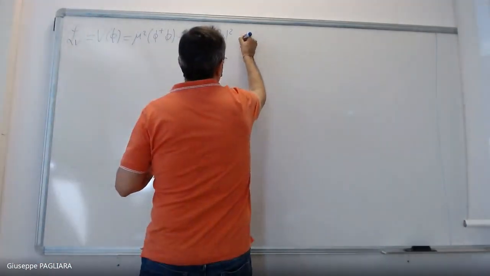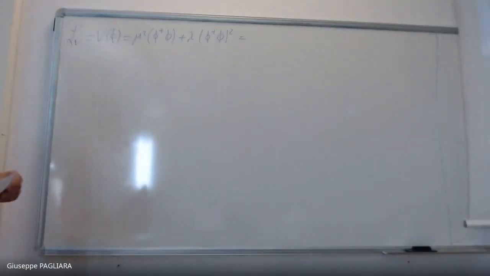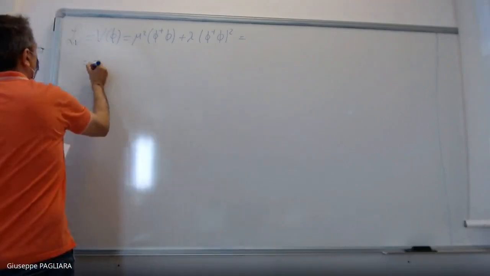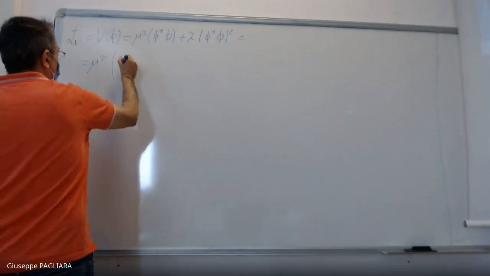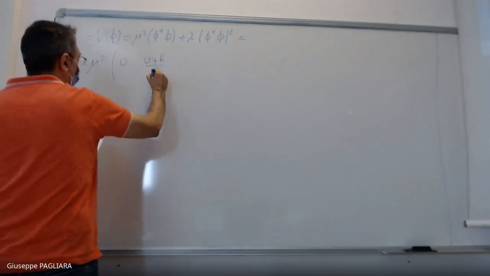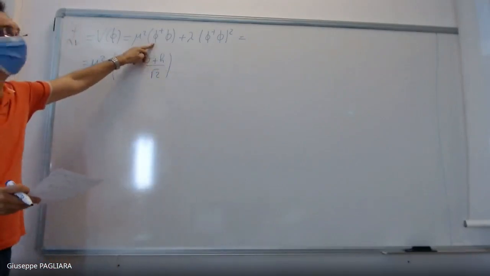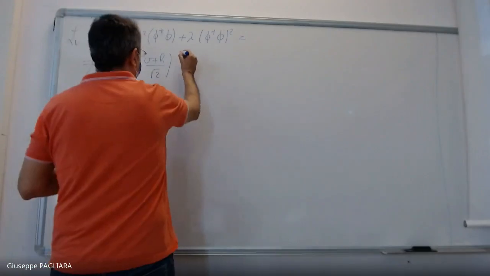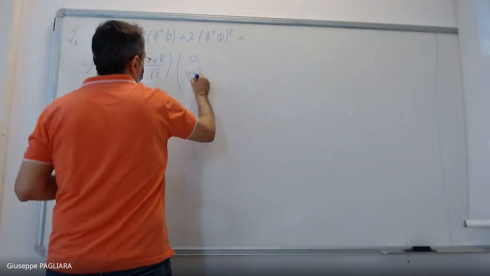So let's now substitute the expression of our Higgs field after spontaneous symmetry breaking. So this is mu squared times the vector, which is 0 and then (v plus h) divided by square root of 2.